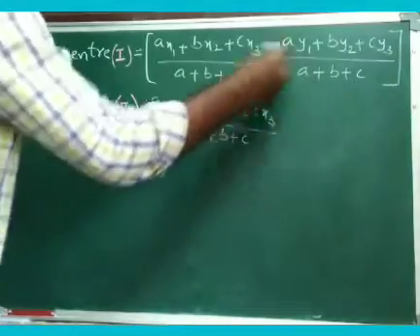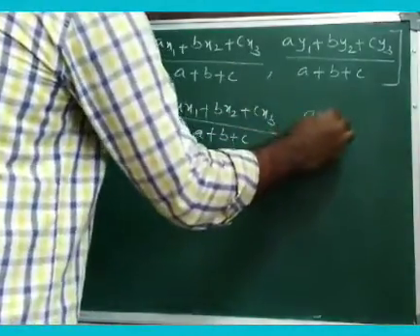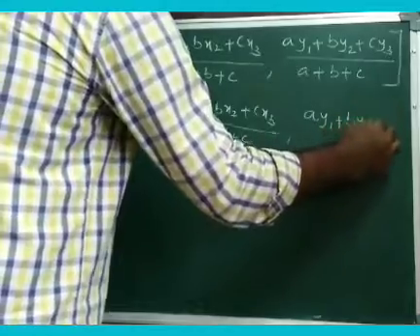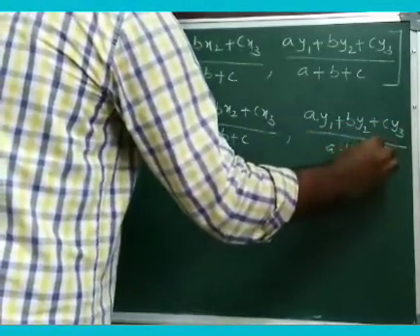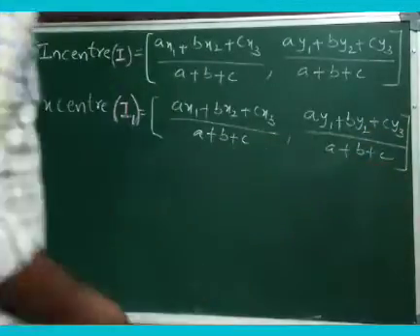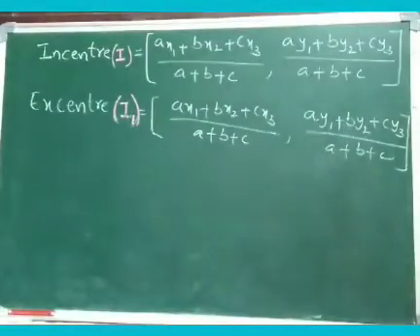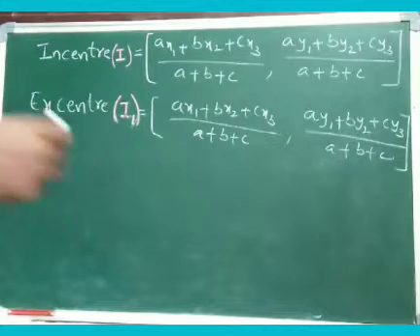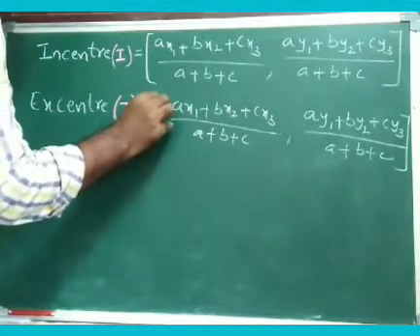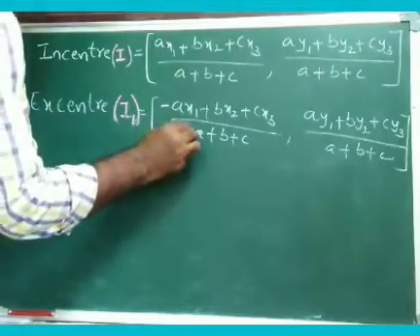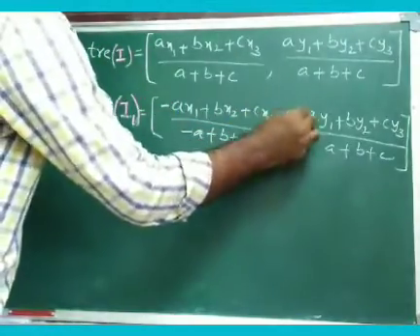Let me write it first the same as above. So don't think that the formula is exactly the same for the excenter. Since it is opposite to A, we replace small a with minus a. This is also minus a. This is also minus a.